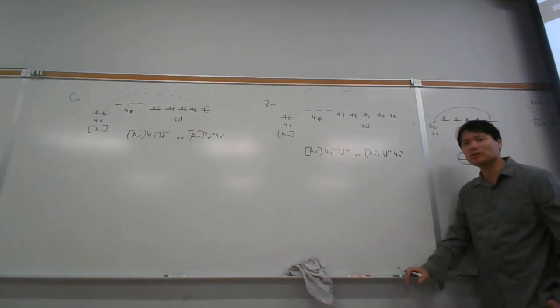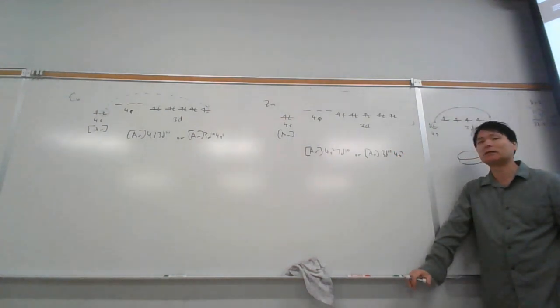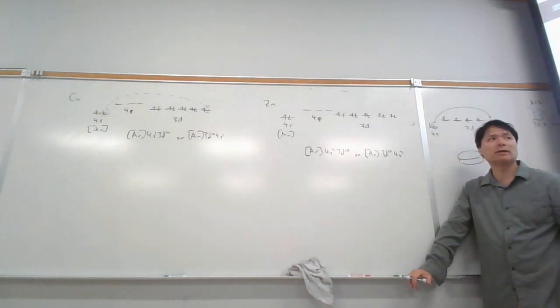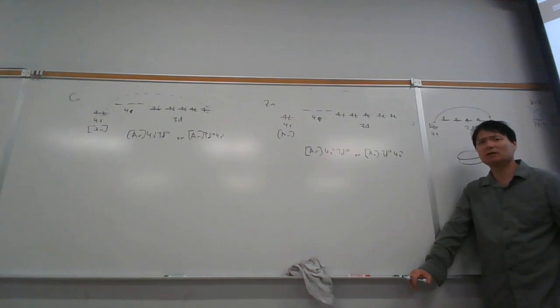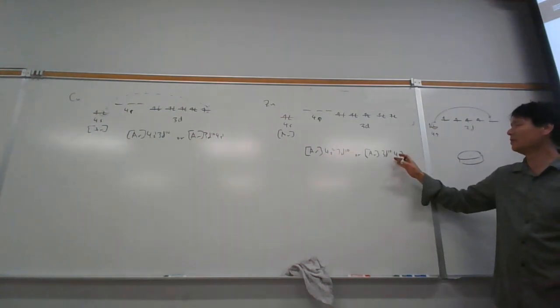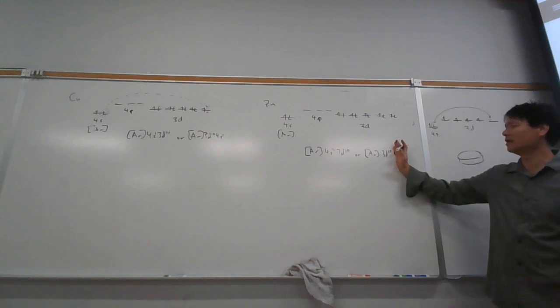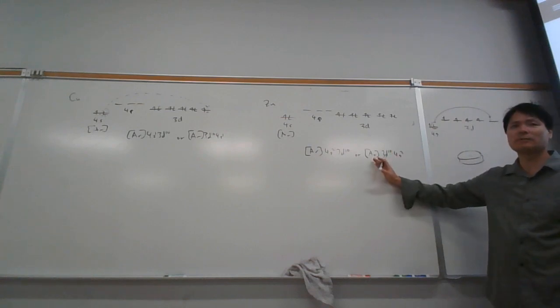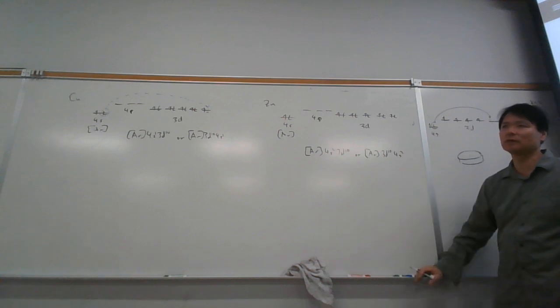What do you think the most common charge for zinc is? +2. Do you see +3 for zinc? No. And so zinc can lose these. This will be the outermost electrons, and it loses that, and then retains this. So zinc is fixed charge to +2 only.